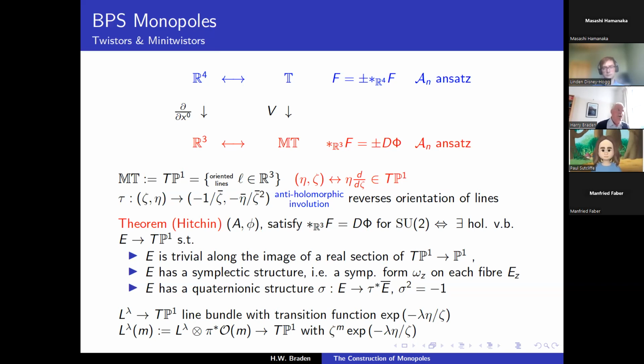There are various technical details that you require on the vector bundles over twistor space.